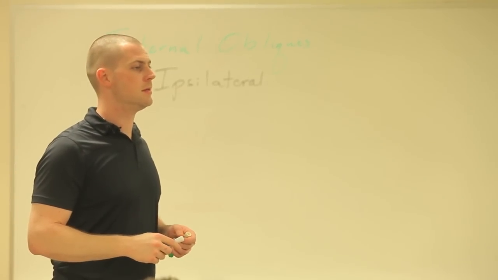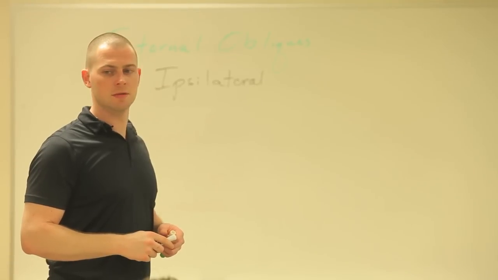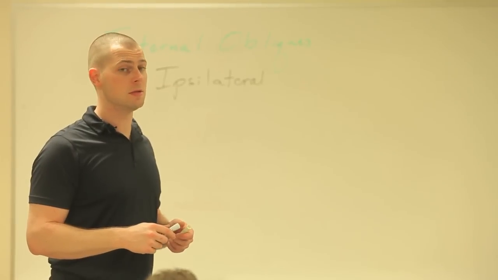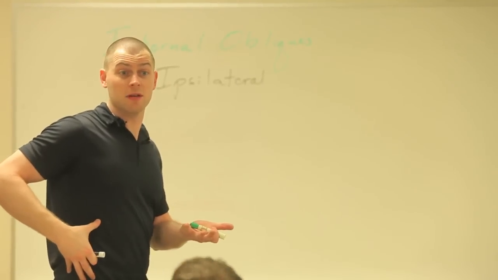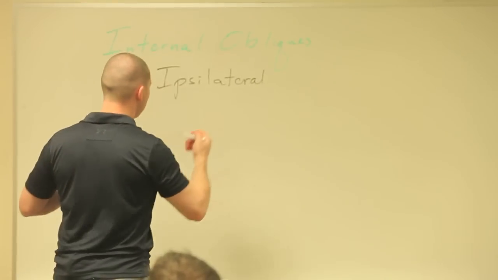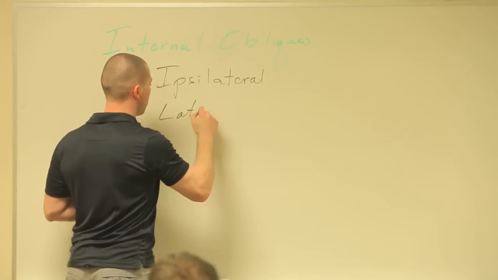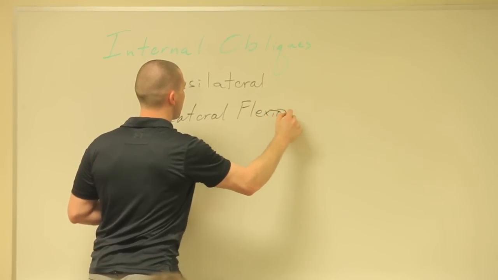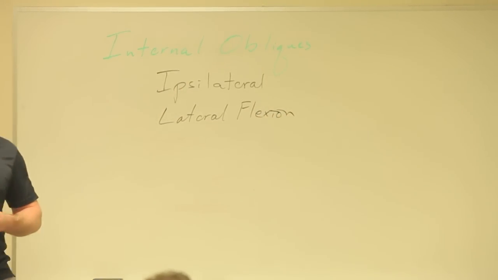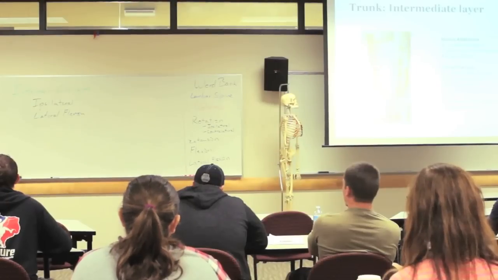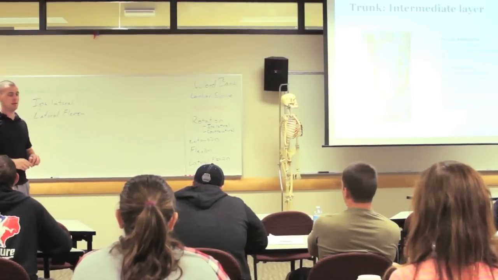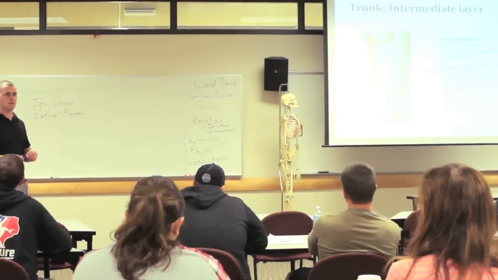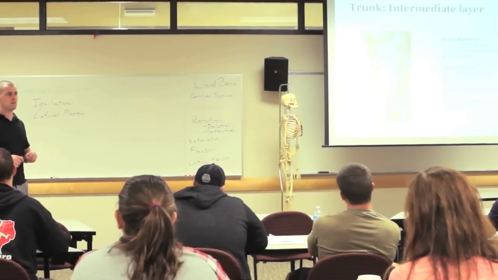All right. What else might it do? Lateral flexion? Yeah, it's on the side of the lumbar spine. I'll say lateral flexion. You guys think this can contribute to a sagittal plane motion? Think it can contribute to flexion or extension? Flexion.